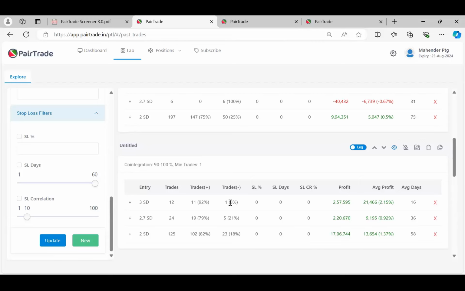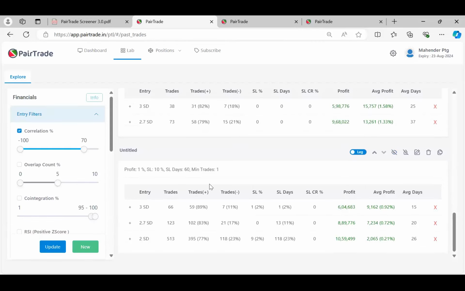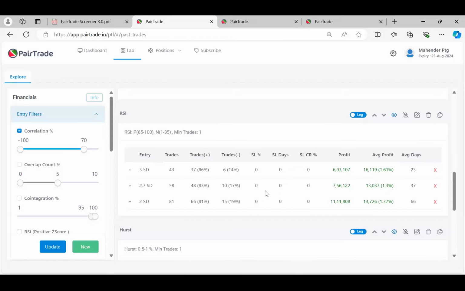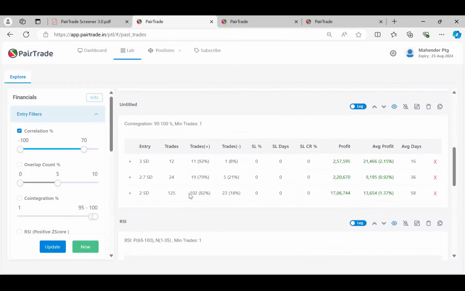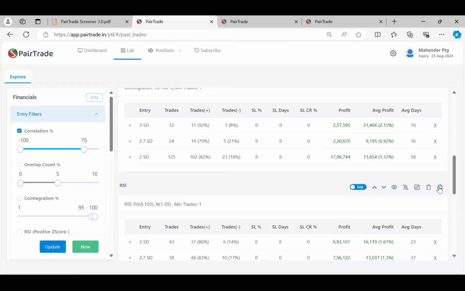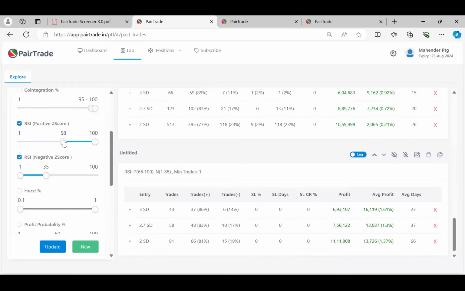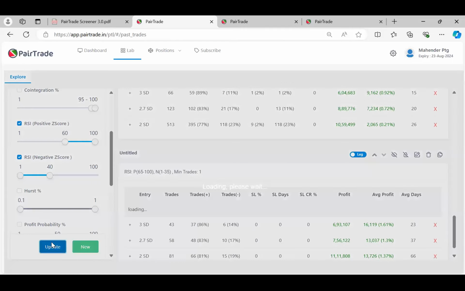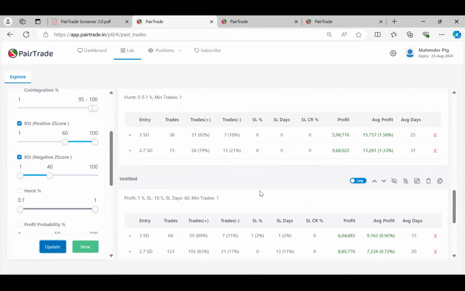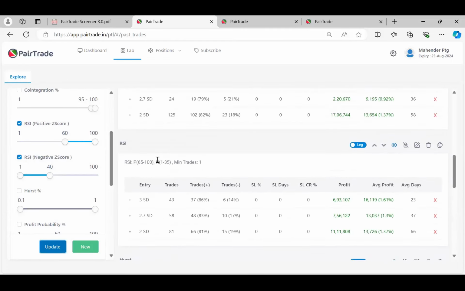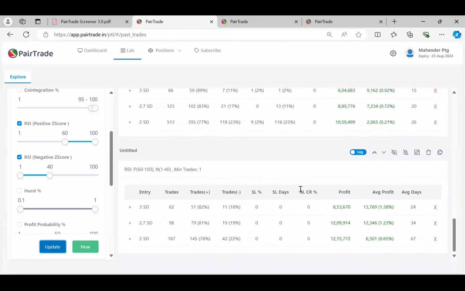Now, sometimes what happens is I have duplicated, I want to compare. So for example, I want to compare this RSI with 60 and by default 60 and 40, right? Update. But I want to compare, but it is at the top level right here. So what I do is I can move this one.